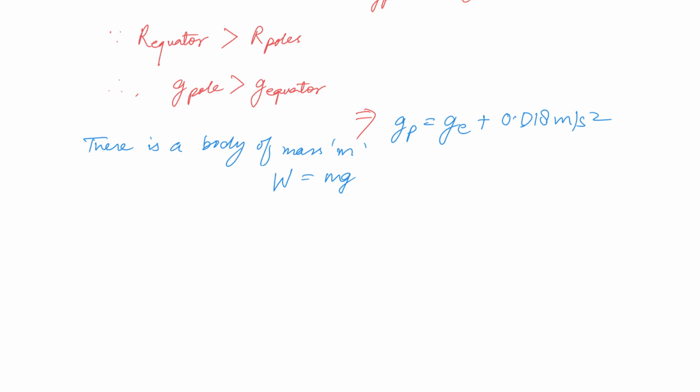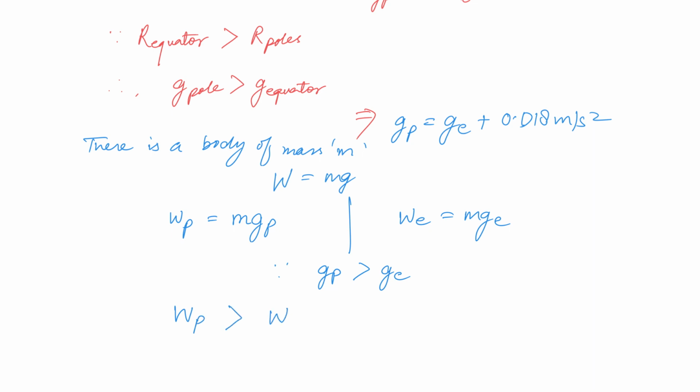Now if we write W_P, that means weight at pole, it will be m g pole, and at equator we have m g equator. Since g pole is greater than g equator, the weight of the body at pole will be greater than the weight of the body at equator.